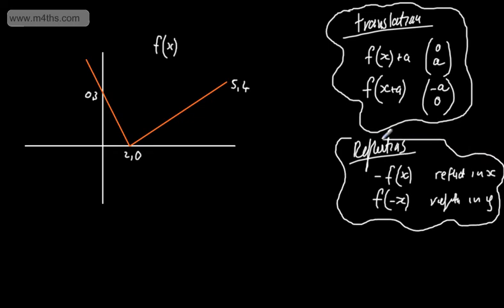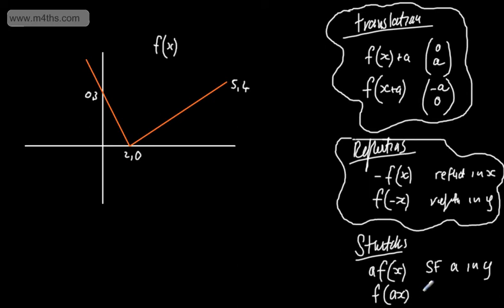If it's on the inside, it's affecting the x coordinates. Finally, if we look at stretches, we have two different types. a f of x is a scale factor of a in the y direction. Then we have f of ax, which is a stretch of scale factor 1 over a in the x direction.